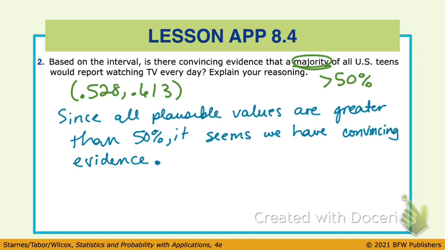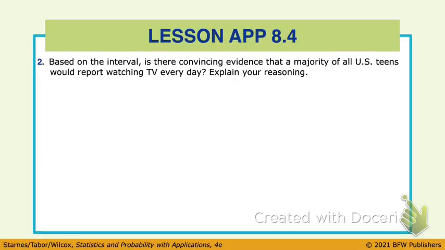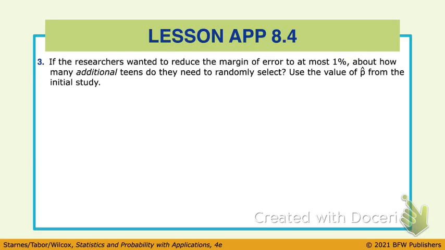All right, and now for the algebra problem. Here we go. If the researchers had wanted to reduce the margin of error to at most 1%, about how many additional teens do they need to randomly select? And we're going to use the p-hat from the initial study.